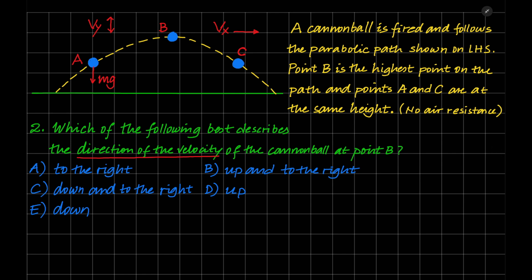It says direction of the velocity at point B. At point B, the vertical component is equal to 0. There is only horizontal component.